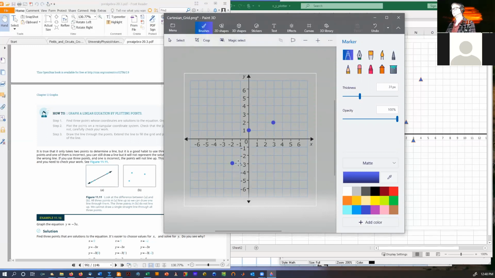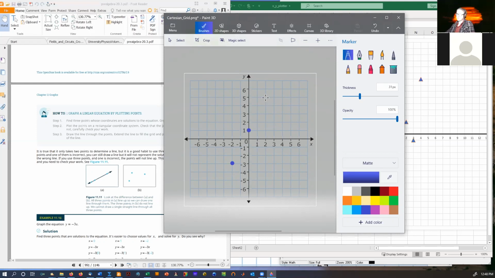And now the question is, is this the correct line? Is this the correct line? Or is that the correct line? You don't know, so you can go back and check your arithmetic to see which of these points is wrong. So when you're plotting a line, it's always a good idea to use 3 points, because you can tell if you've got a mistake. I forget where that point was.